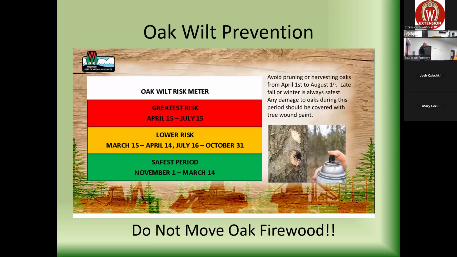So if you had to cut a tree down for some reason, I think that picture kind of illustrates it, put a wound seal or something on there. Otherwise, just avoid cutting any oak within that April 15th to July 15th period. Yeah, if all of a sudden the UPS truck pulls in your driveway and tears a limb off your oak tree that's right along the driveway, you want to cover it with wound paint if it's during that high risk season.